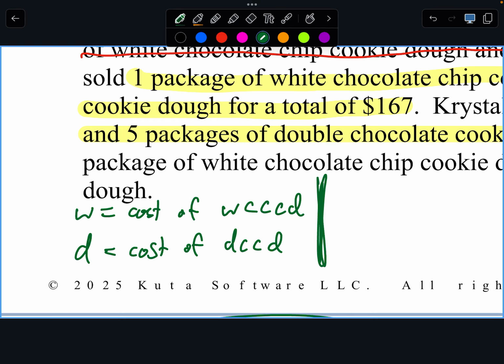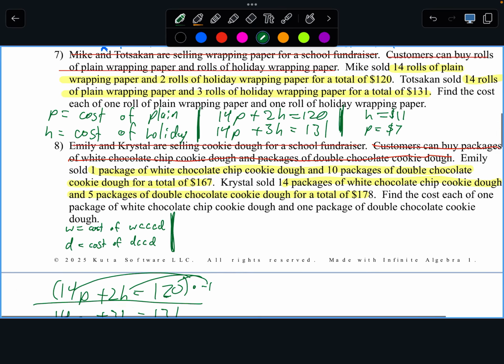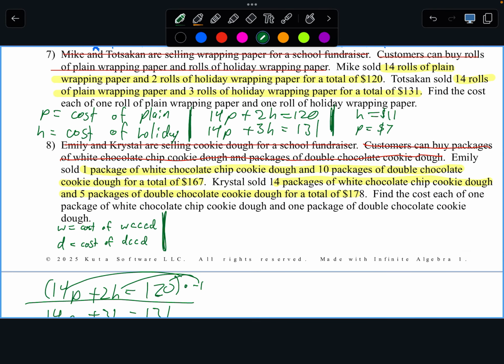Great. Looking at Emily, we have 1 white chocolate chip cookie dough and 10 double chocolate chip cookie dough for $167. Looking at Crystal, we have 14 white chocolate chip cookie dough and 5 double chocolate cookie dough for $178.